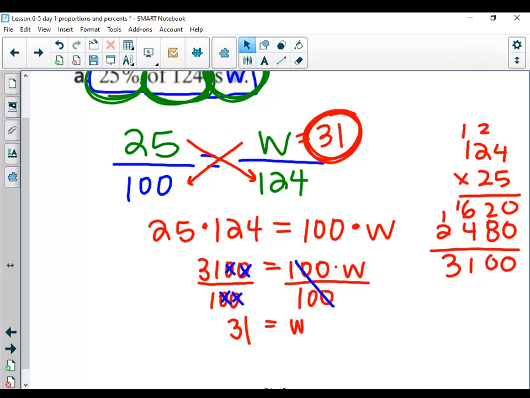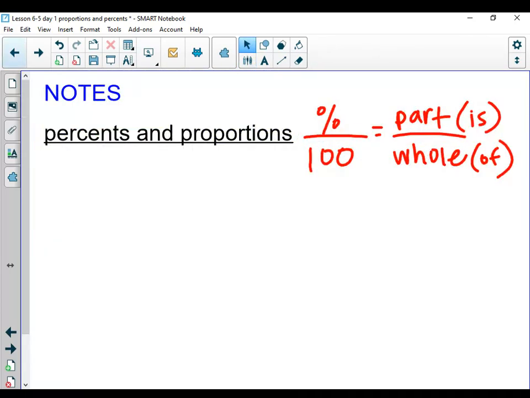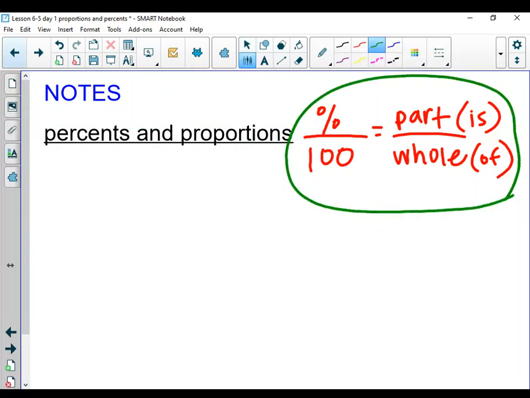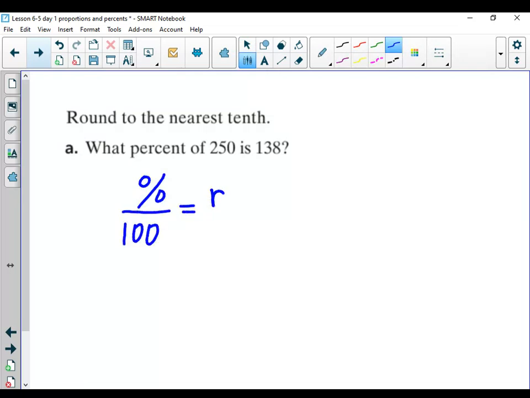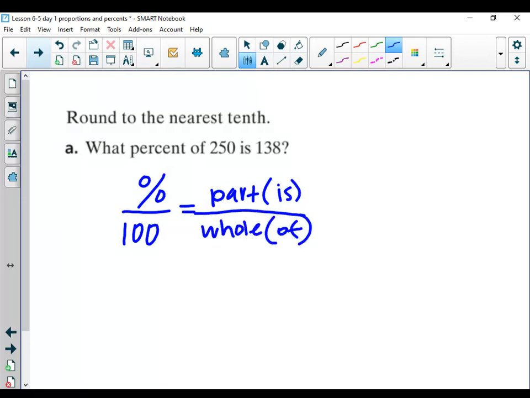Every time I restart with this setup on the next problem, I'm looking for some pieces that I know.